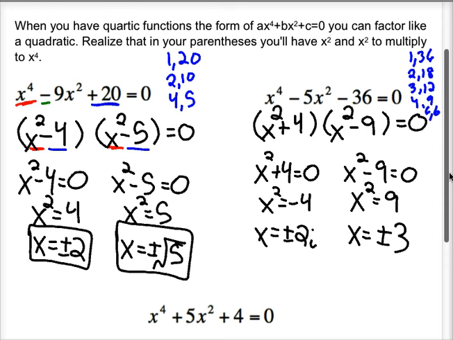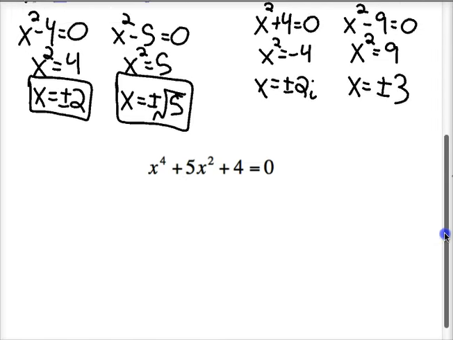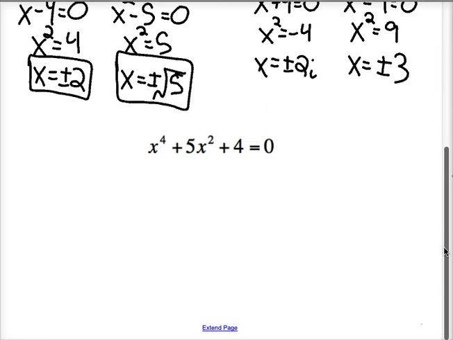All right, and looking at our final example. x to the 4 comes from x squared and x squared. That 4, so we either need 1 and 4 or 2 and 2. And I think 1 and 4 will give us what we need.